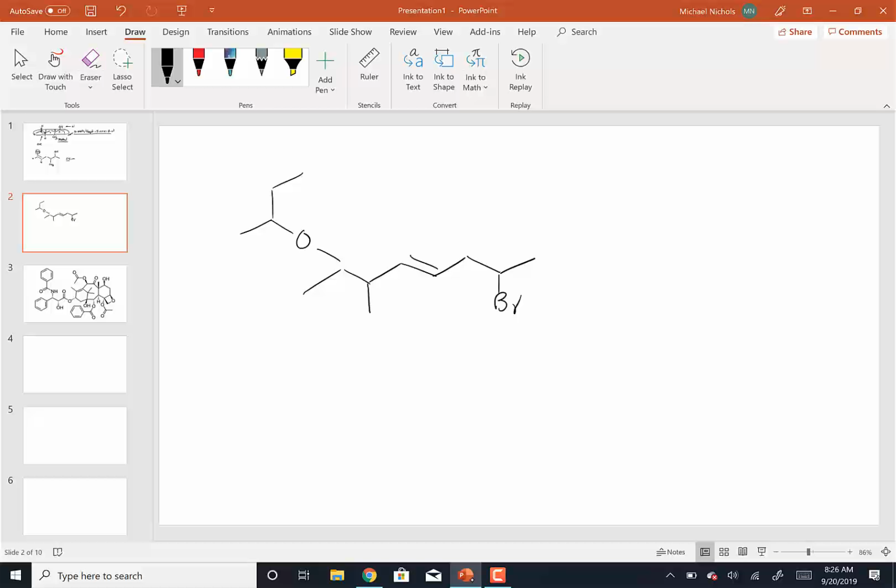So here's an ether with a double bond with a halogen. Now, hopefully you've seen that we've treated halogens as if they were methyl or ethyl groups. They had no special priority. If you look at your chart, you'll see that the second from last groups include X, the halogens.